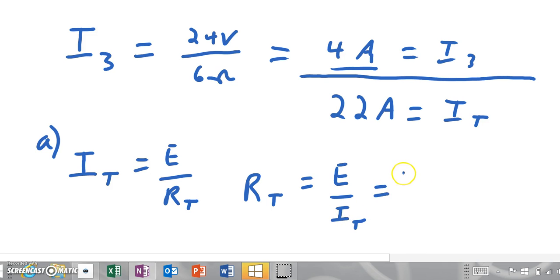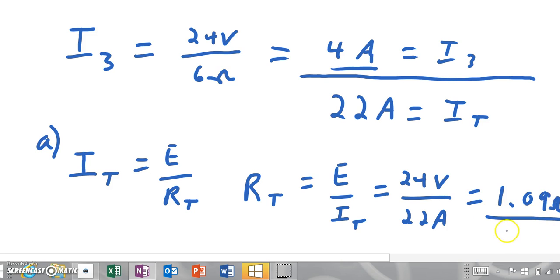That gives us 24 volts over 22 amps, and you'll find that that gives 1.09 ohms. And so, we don't necessarily need to find the total resistance using the reciprocal formula, right? RT can be found from Ohm's law if we find the total current first.